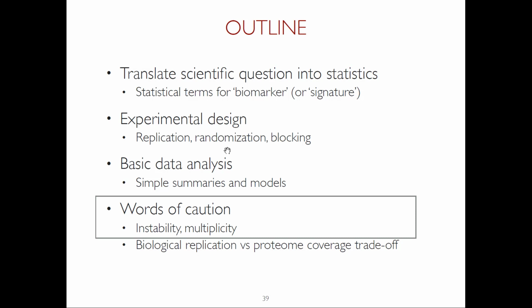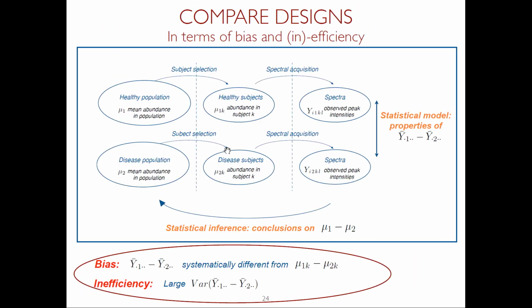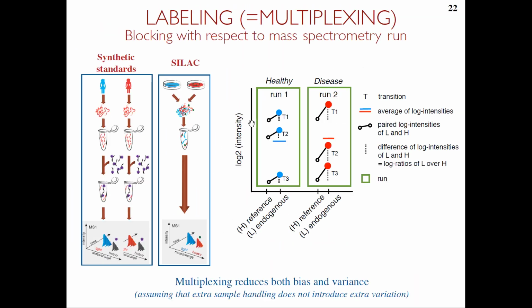Once you take the log, the whole point of log is to not do ratios, right? So once you take the log, you look at differences. And going back to my figure here, these are log intensities, right? So you will have the log intensities of standards and the log intensity of the endogenous.